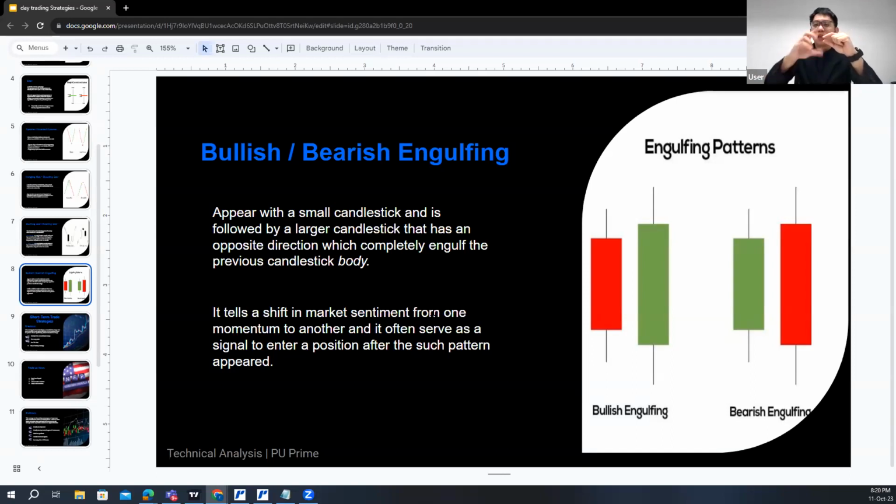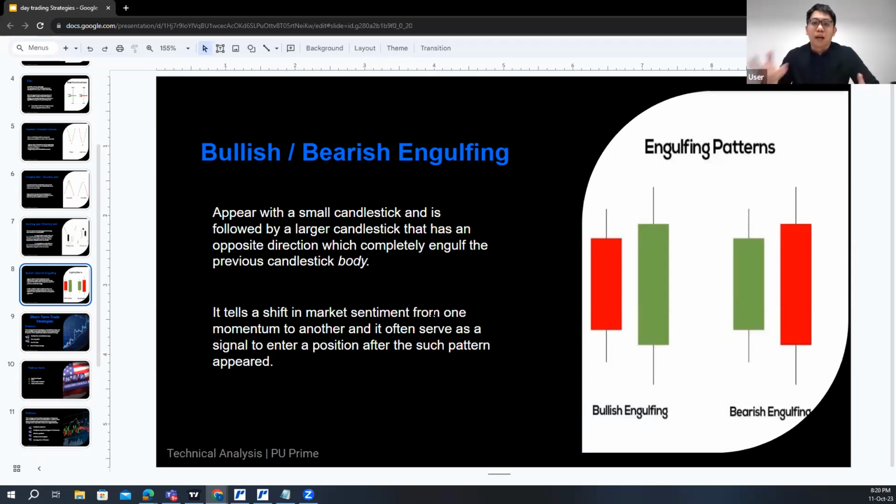And after that, the next one comes with a big solid body, a bearish candlestick. It engulfs the previous candlestick. When this appears, it tells you that, oh, maybe the bullish trend is over. Maybe the bullish momentum is diminishing, no longer strong.